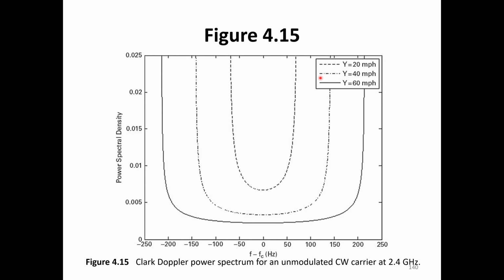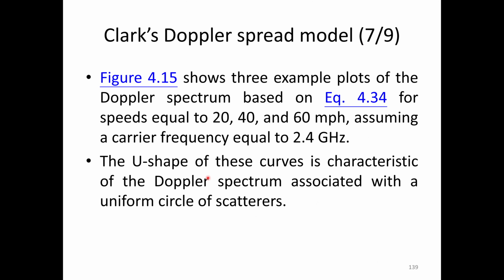The second curve is the dash-dotted line, for v equal to 40 miles per hour. The third curve is the solid line, for v equal to 60 miles per hour.